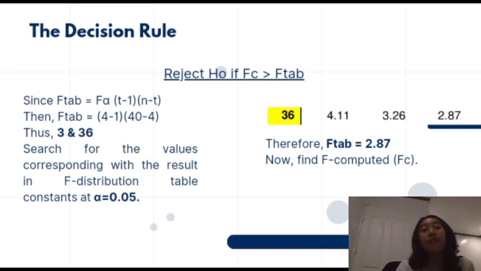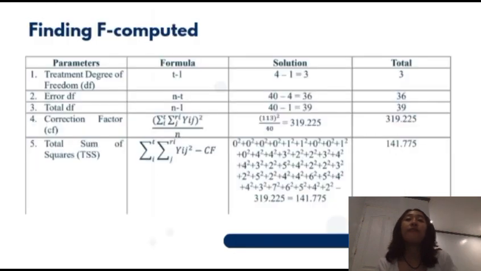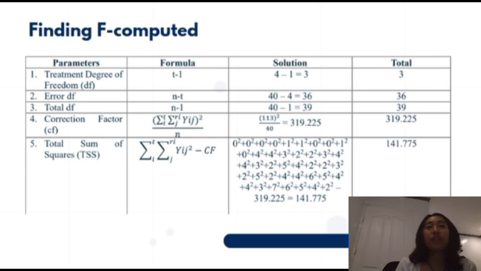Now, we already have our F tab, but we don't have something to compare it to. To know if it's lesser or greater, we have to find the F computed so we can use the decision rule. And then, we have here the guidelines to find the F computed. We can see that it looks a bit complicated, but if we try to solve it step by step, maybe we'll realize that it's just a piece of cake.